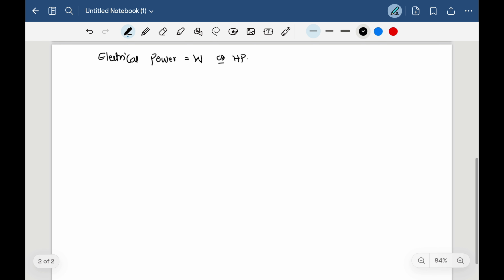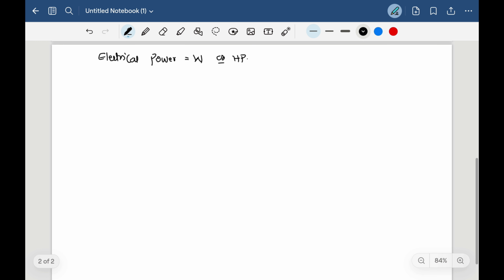While going for purchasing a motor, we say, please give me 2 HP motor, please give me 3 HP motor. We don't say, give me this number of watts. For convenience, HP is being used.